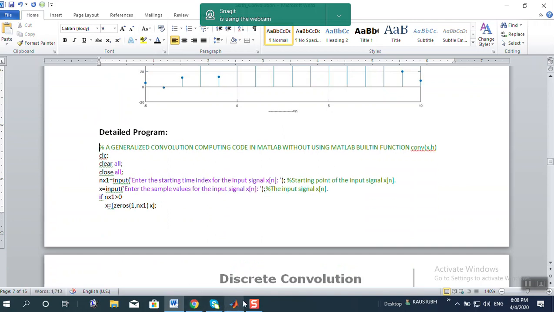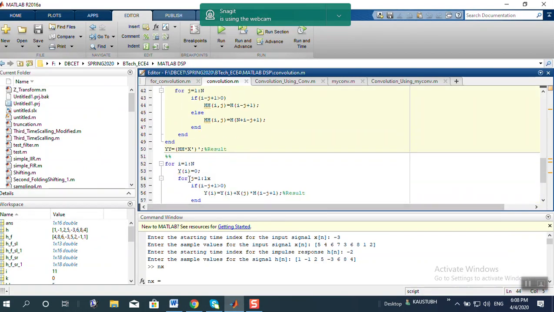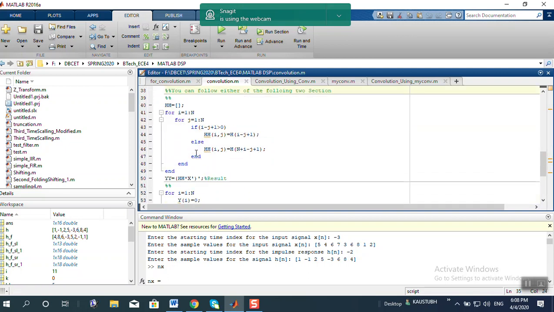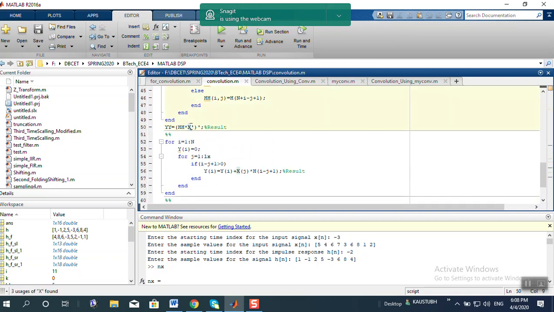In this case, once this matrix is created, then the transpose of X, capital X, which is already with the zeros, that is 16 samples. So X prime is the transpose, then normal matrix multiplication, which involves multiplication and summation.